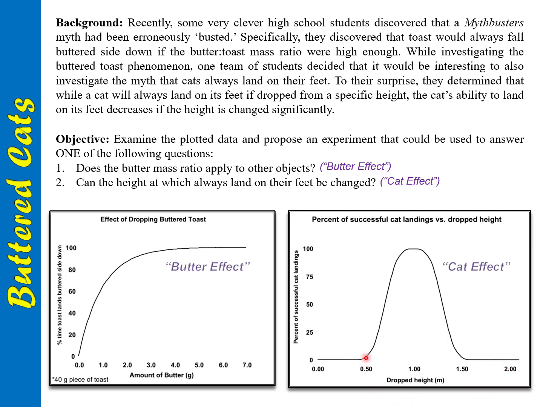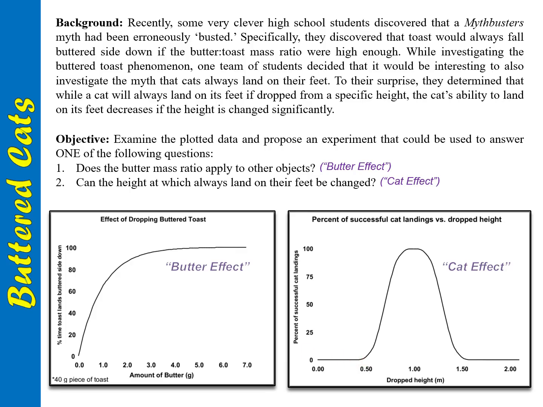Or if it's less than half a meter, the cat never lands on its feet. The key thing with always and never statements is that it doesn't matter what the orientation is. If you have the cat's feet pointed at the ground and you drop it from less than half a meter up, it's going to try to twist around and its feet will not land on the floor because it never lands on its feet.